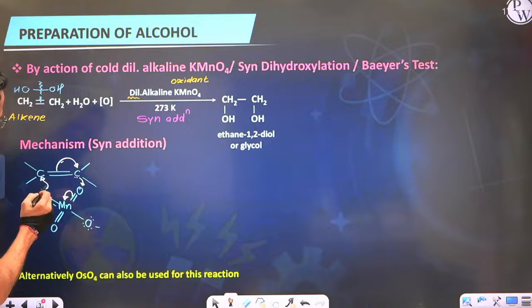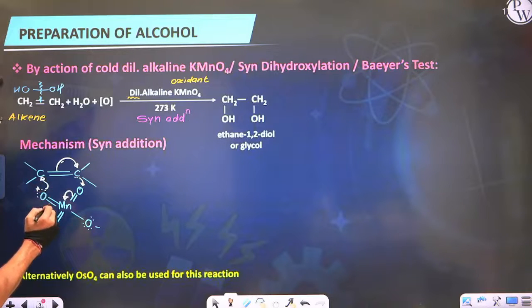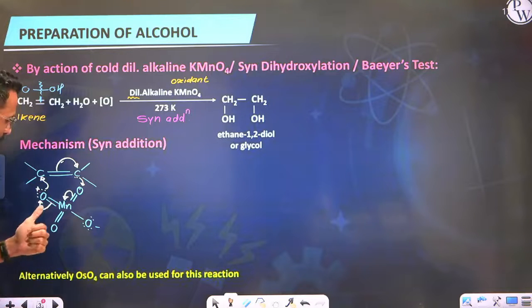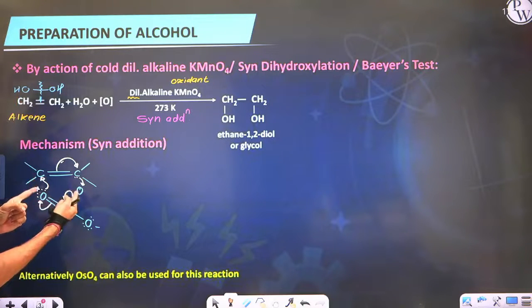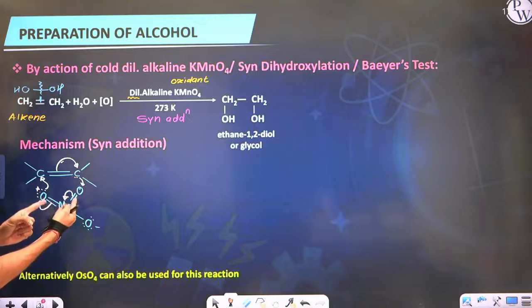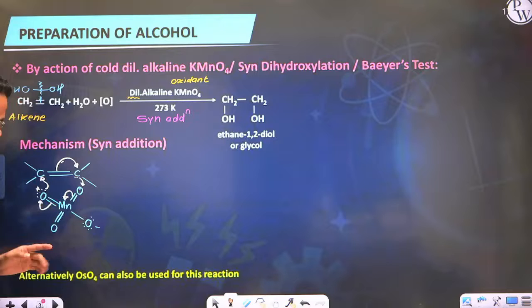So the lone pair of oxygen will attack at this. This oxygen is going to acquire partial positive charge because it has shared its lone pair. So pi bond will break towards oxygen. Eventually you will see two new bond formations taking place between carbon and oxygen, and the double bond which was between the manganese metal and oxygen will now be converted to single bond.